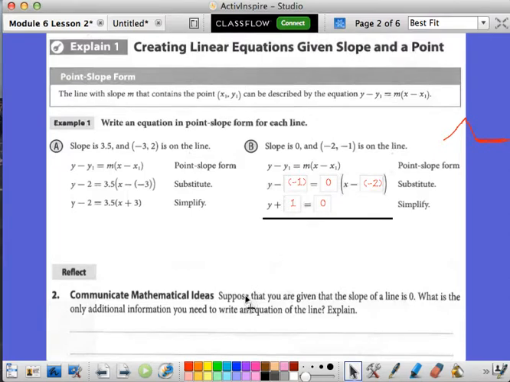Okay, so in answer to the question down here, suppose that you are given the slope of a line that is 0. What is the only additional information you need to write the equation of the line? Well, like we said, even if you have the x, anything that you put inside this parenthesis here is going to get multiplied by 0, and it's going to give you 0. So you don't need the x. You only need another y value.